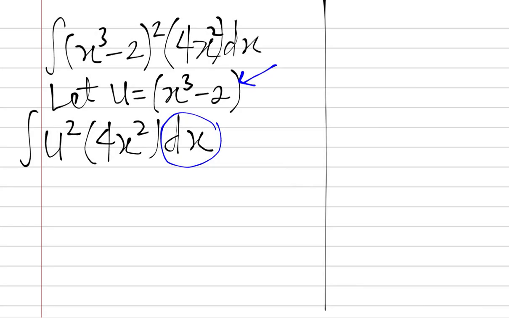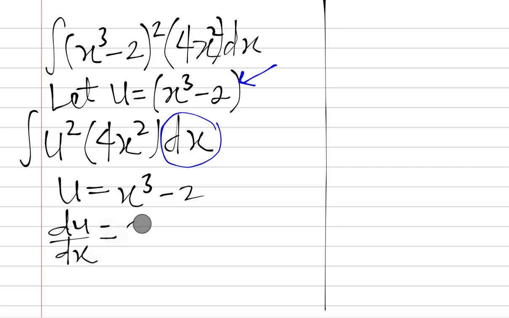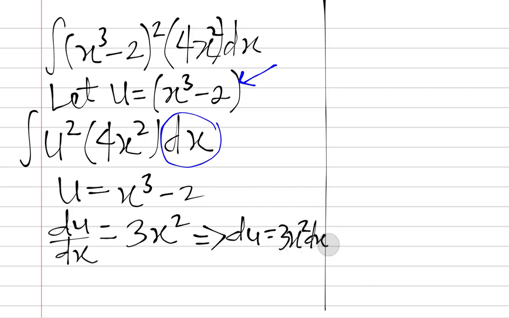We know that our u is x cubed minus 2, so that means du/dx will be 3x squared. If you cross multiply, you will have du equal to 3x squared dx.